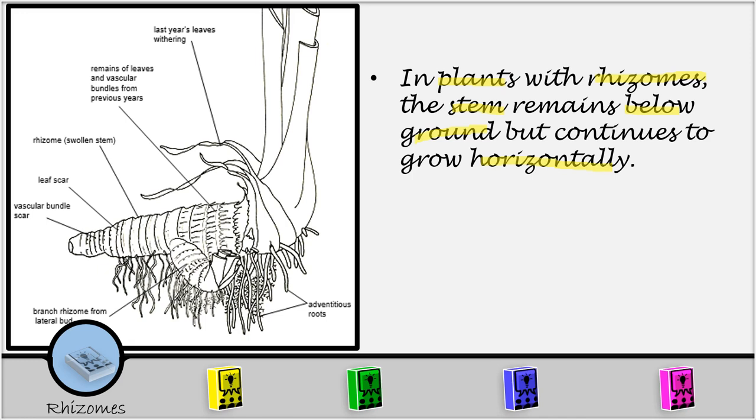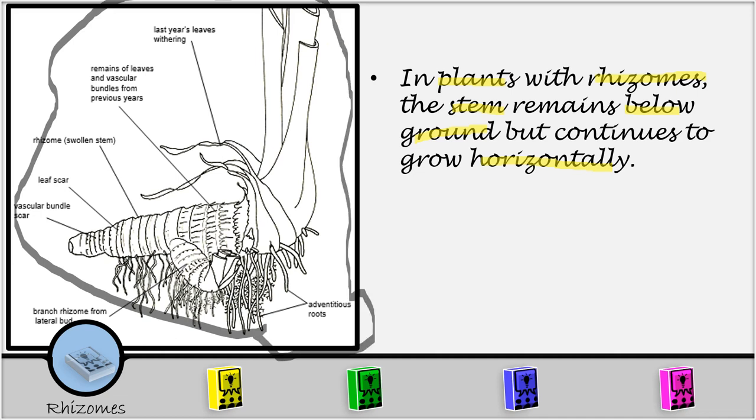So we are talking about the rhizomes, and we are saying that the stem remains underground, and it is only the leaves that come above the surface.